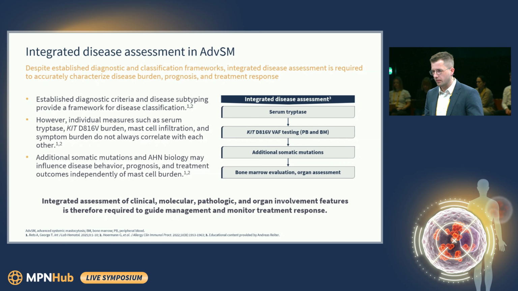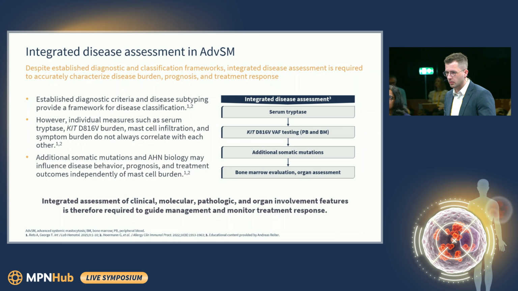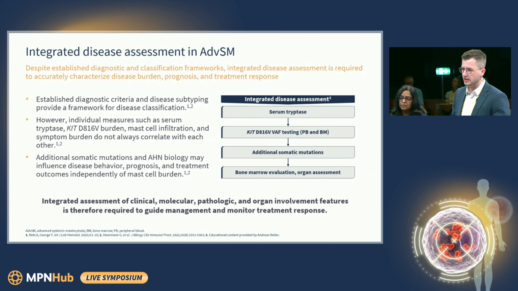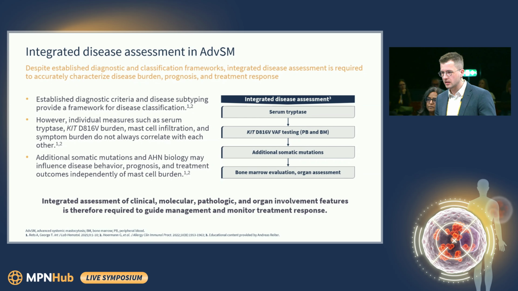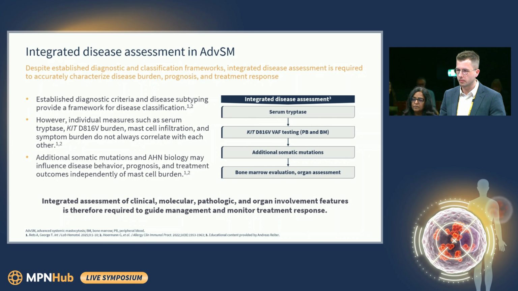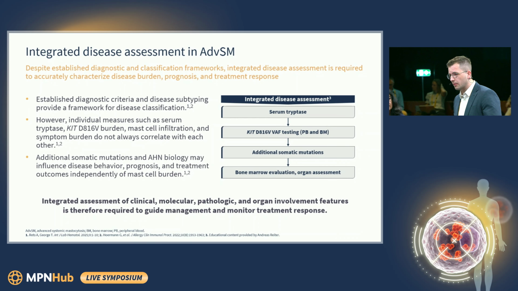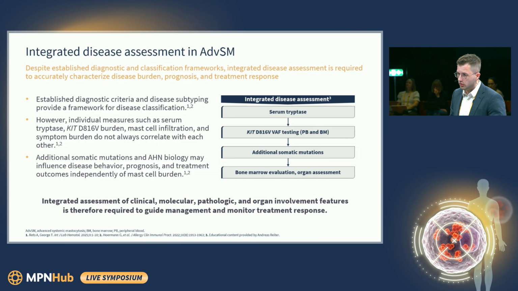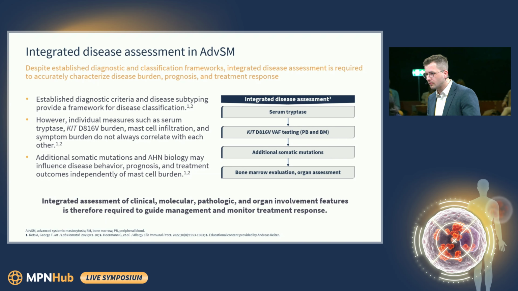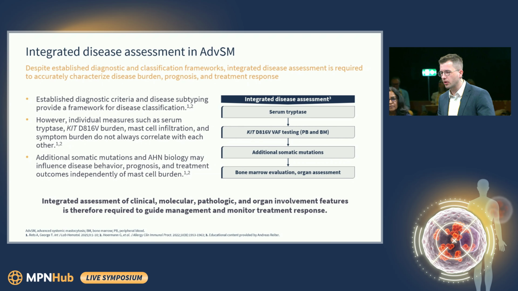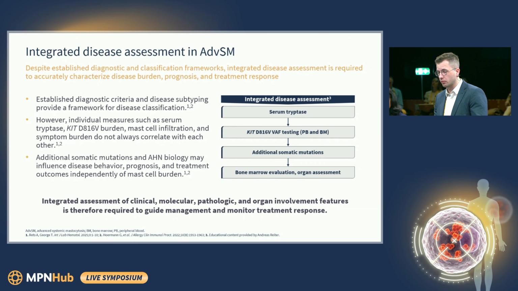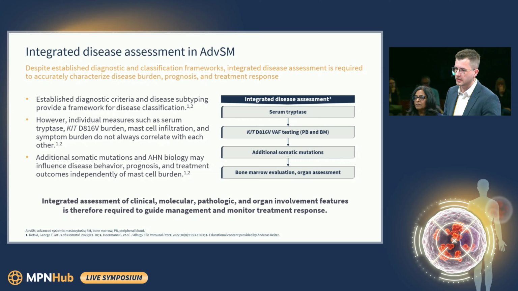We have different criteria, we have different parameters that we should assess, and we have to do this in an integrated assessment for the individual patient, because while all these frameworks and diagnostic criteria are very well established and they haven't changed a lot during the last couple of years, they probably do not capture the disease burden in every patient very well, because they do not always correlate very well with each other.